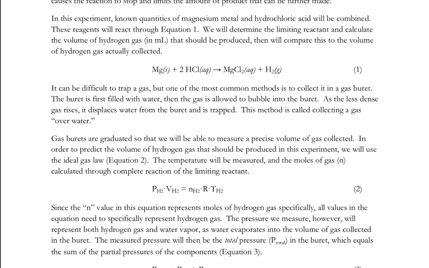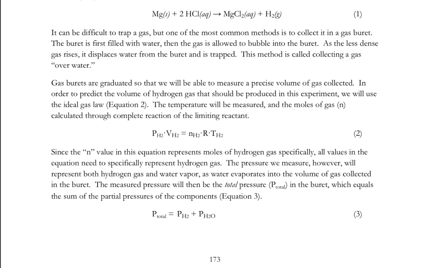If it is the HCl that's the limiting reactant, we see that they're in a 2-to-1 ratio. 2 moles of HCl gives 1 mole of H2, and we will take that into account to determine the moles of H2.